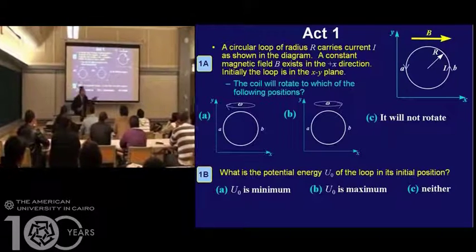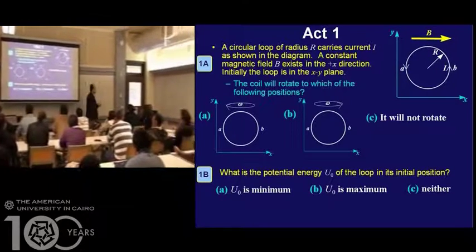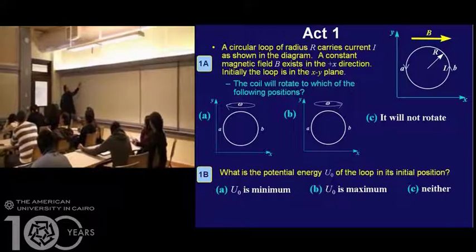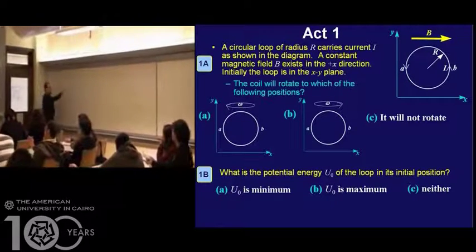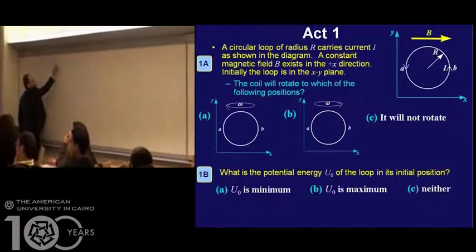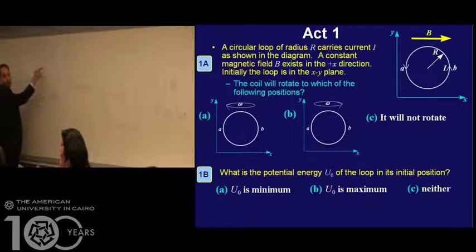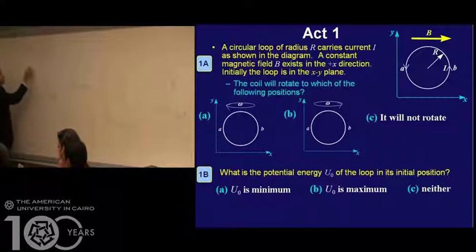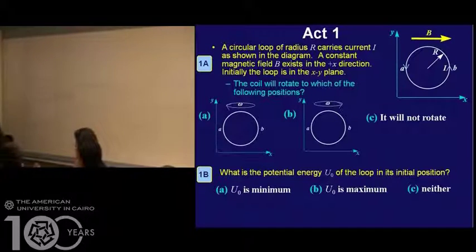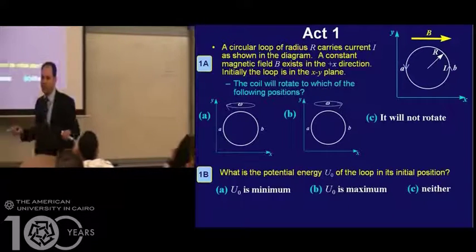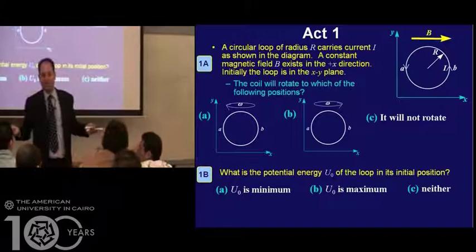On that part of the board, we have drawn the smiley face, and we said that if we have I, J, K, then I cross J gives you K, J cross K gives you I, and K cross I gets you J. And if you reverse the order, you get a negative sign, and I cross I is 0.